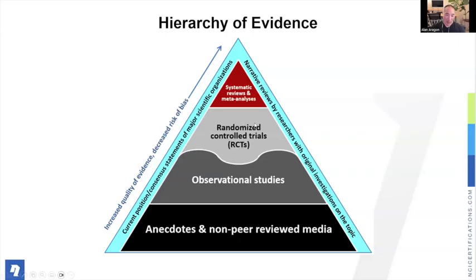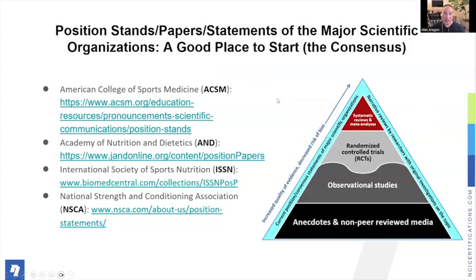So I want to draw your attention back to the light blue border and just drop a reminder that position stands, here we are, in the light blue. Position stands, also called position papers or consensus statements, hold a lot of weight in terms of the evidence hierarchy because they aim to represent the state of the evidence on a given topic.